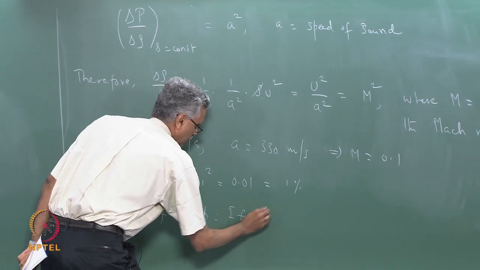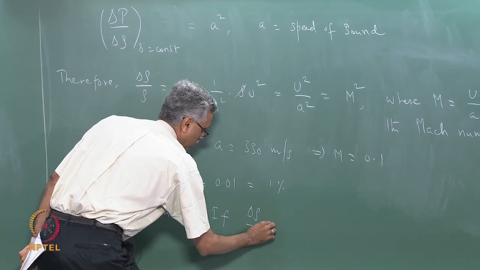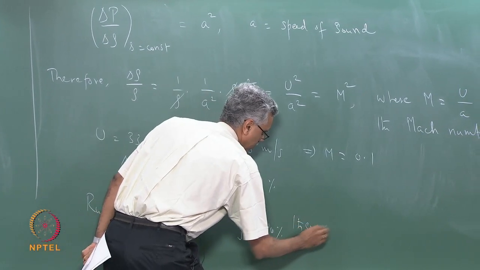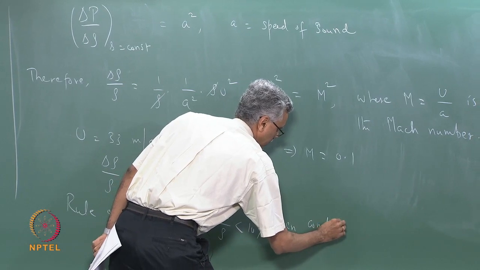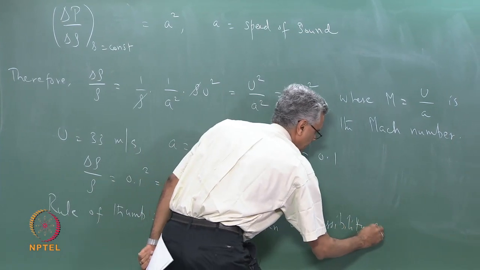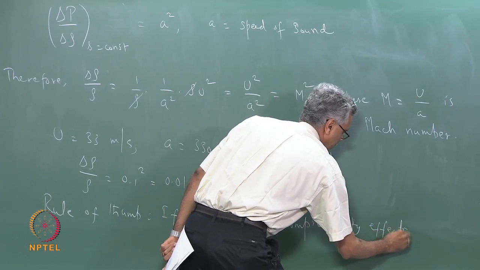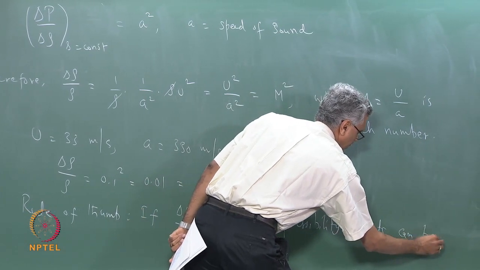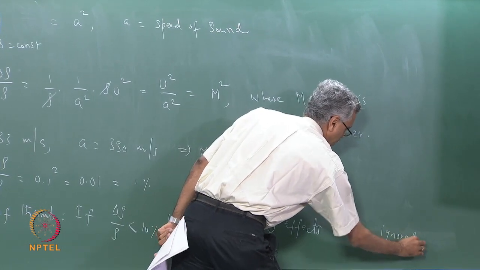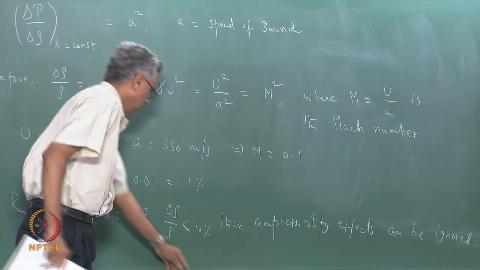If delta rho over rho is less than 10%, then compressibility effects can be ignored, right. Let us see what this means in terms of Mach number.